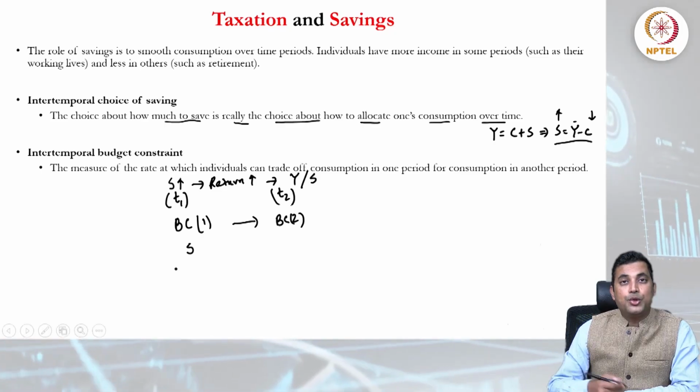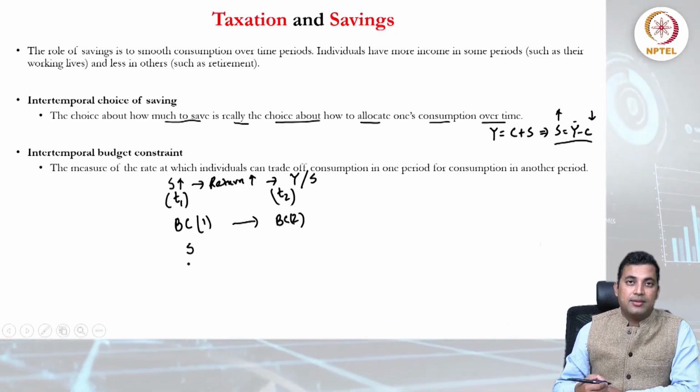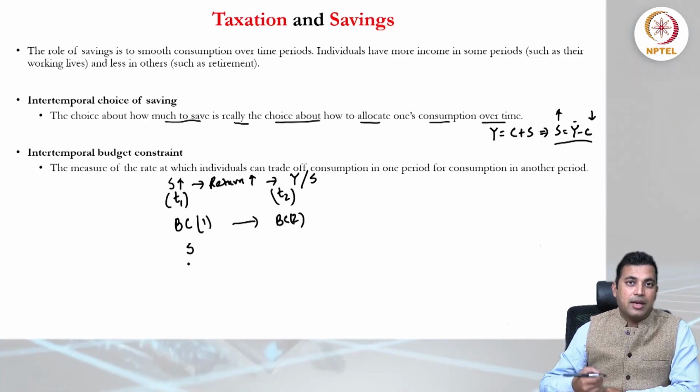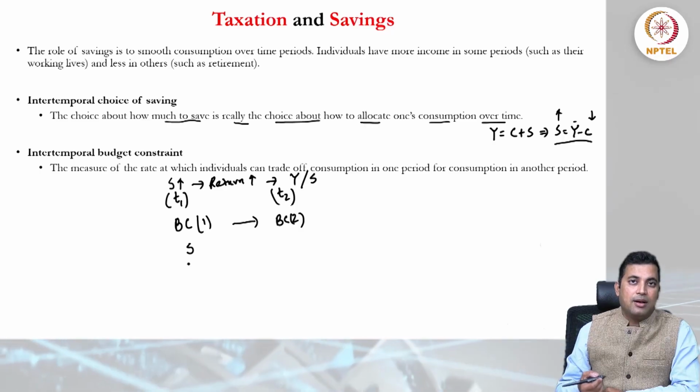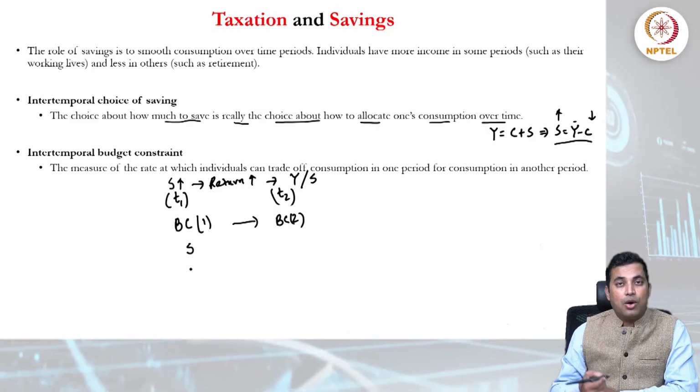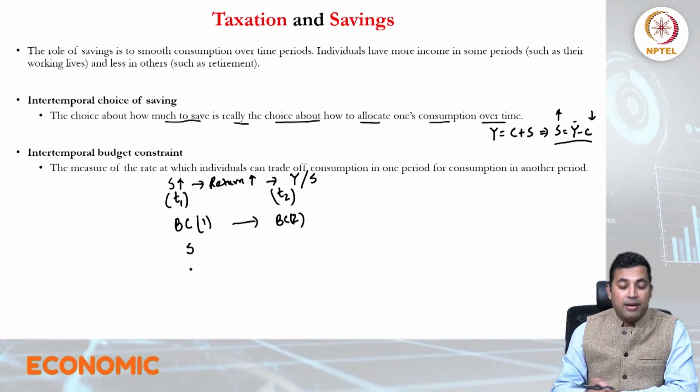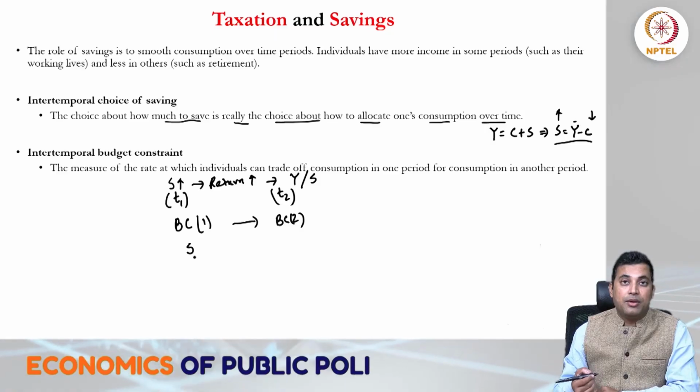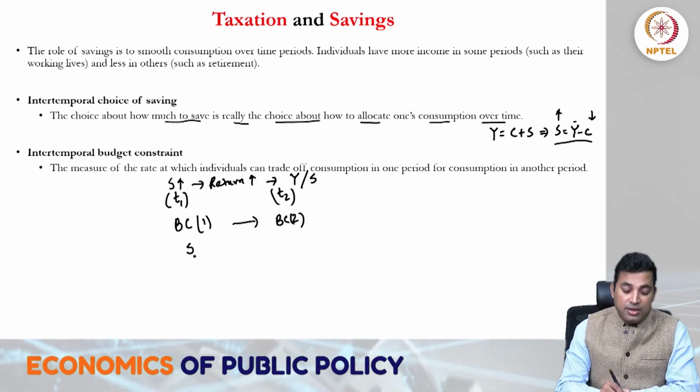So savings for period 2, when I start with say S1, it's the savings coming from period 1, and then I'm investing or saving in the bank, and I get a rate of return on that initial savings.